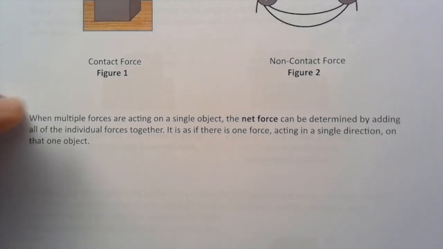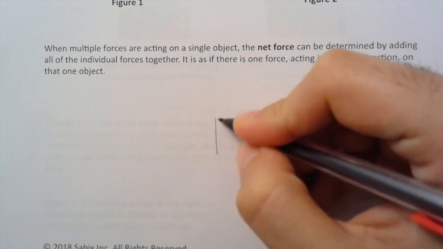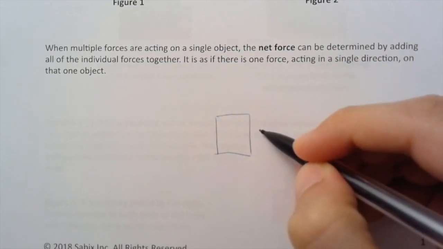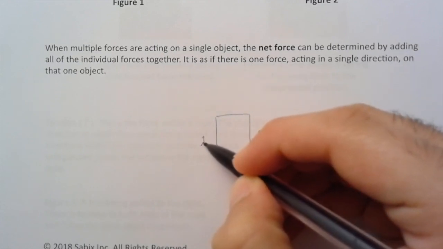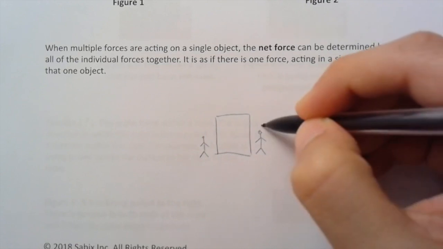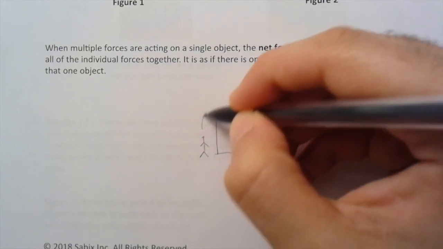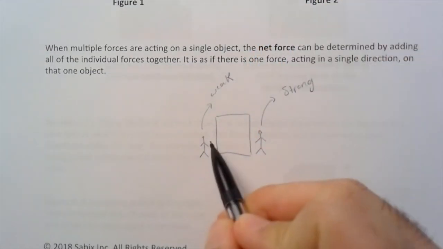For example, if I had a box and I had a person standing on this side and another person standing on this side, and this person is strong and this person is weak, and they start pushing on the box.